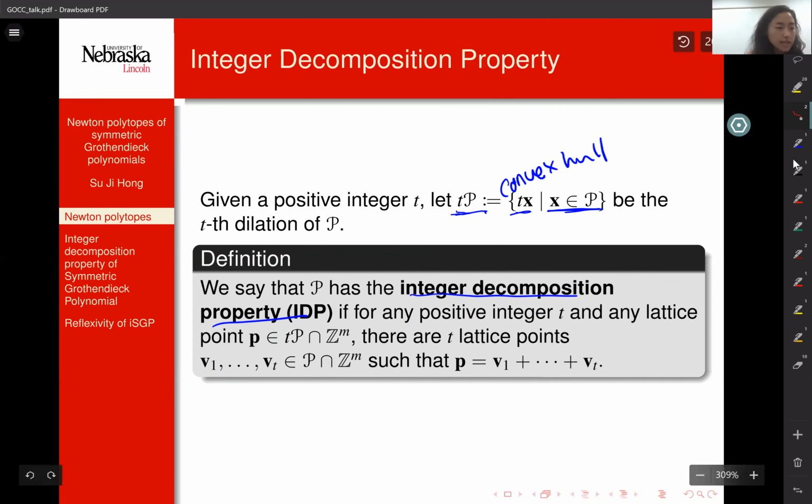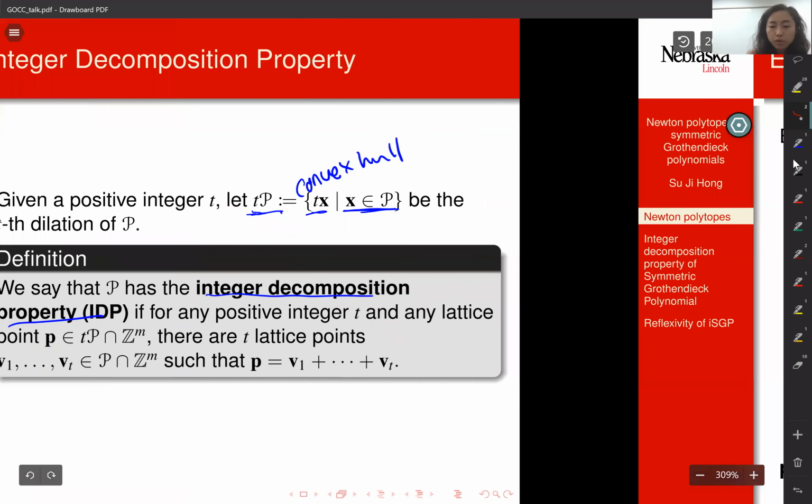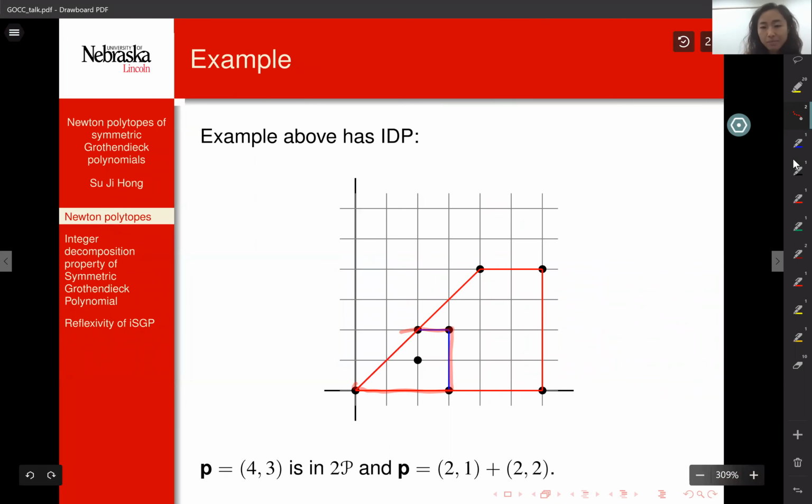For example, the polytope we were looking at before has IDP. If we look at the second dilation of this, where I multiplied everything by 2 and took the convex hull, you can see that 4, 3 is in the second dilation of the polytope, and this can be written as 2, 1 plus 2, 2, which are 2 points on the original polytope.